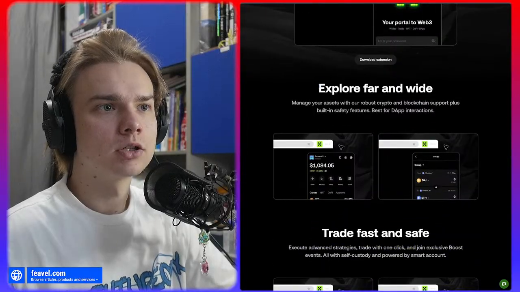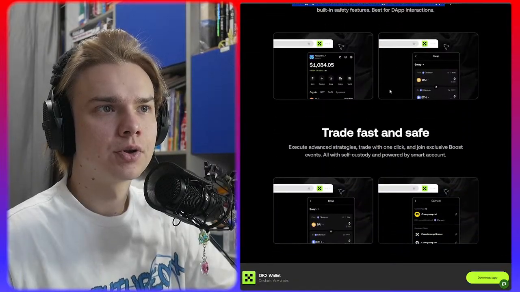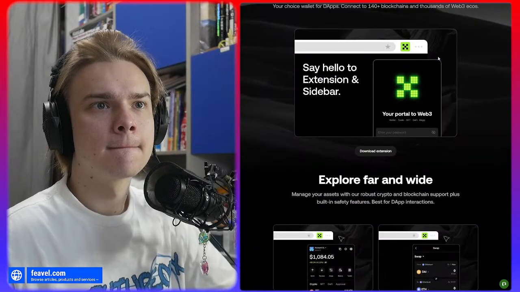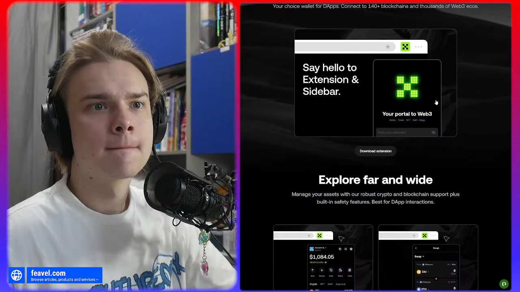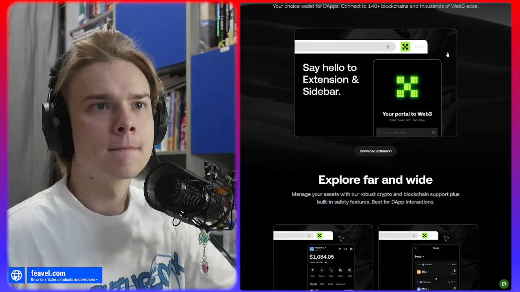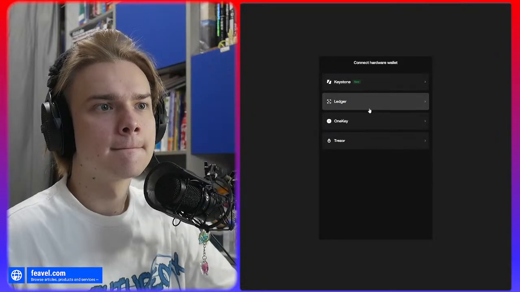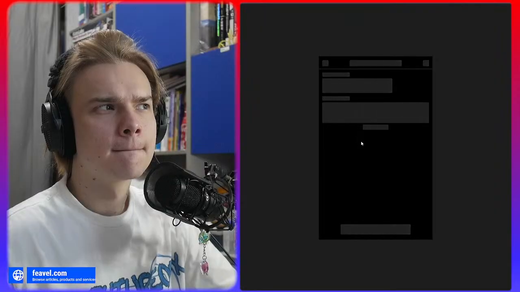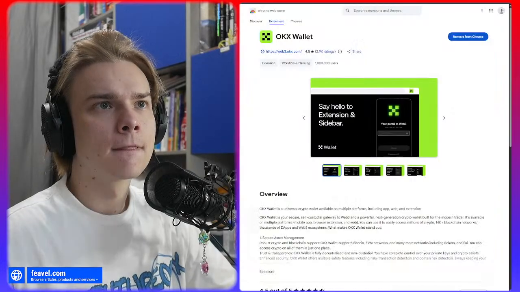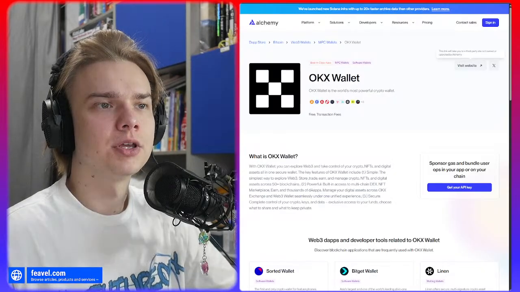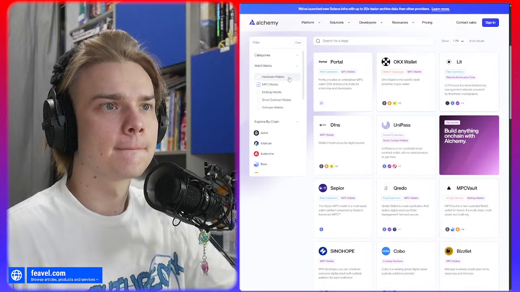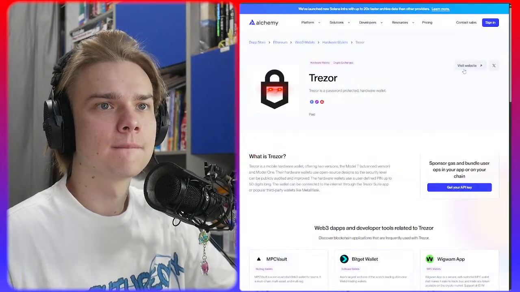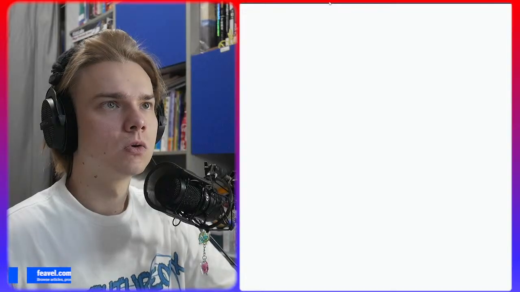Welcome to OKX Wallet. I just saw Trezor somewhere here. Yep. What's Trezor though?